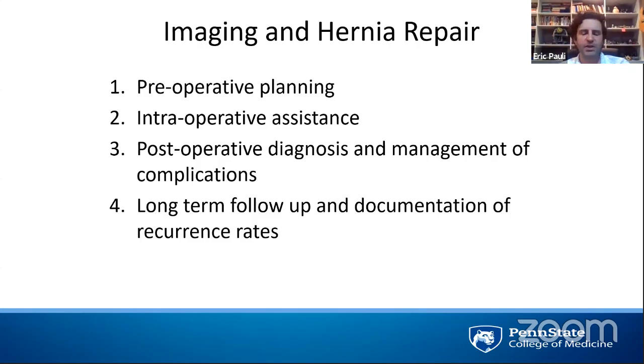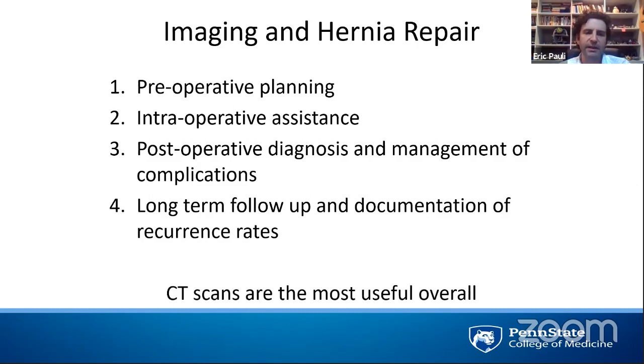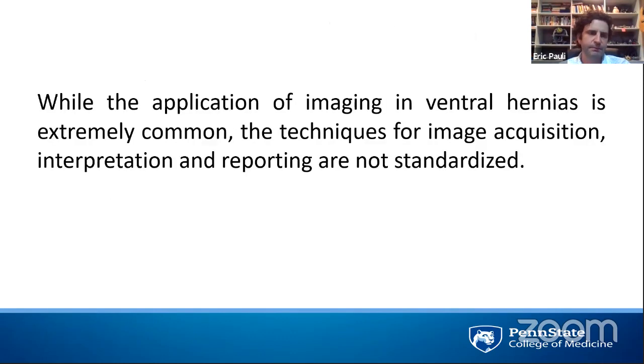And so complications can be seen only radiographically. And as I believe Dr. Horn said, CT scans are probably the most useful overall, with the notation that MRI and ultrasound clearly have a role in specific instances.